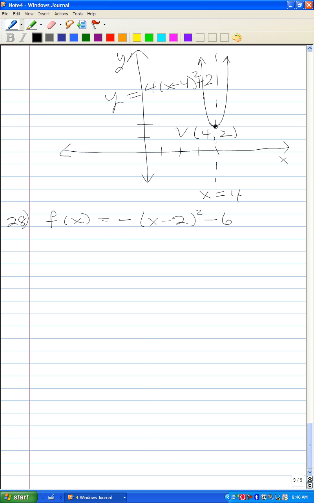So let me determine the axis of symmetry. So the axis of symmetry is found by setting what's inside the square equal to 0, x equals 2. And that's the equation of the axis of symmetry.